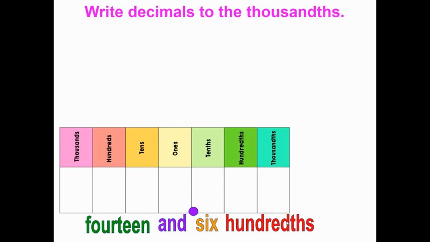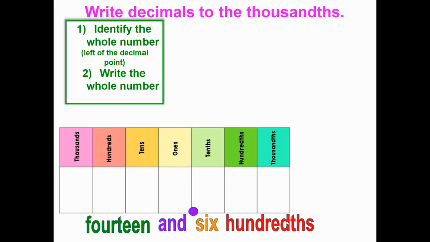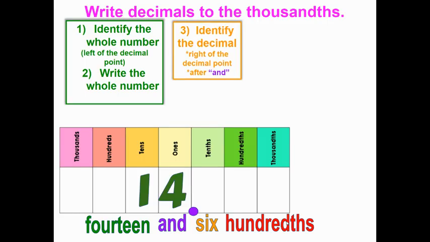14 and 6 hundredths. Identify the whole number, everything left of the decimal point, everything you say before the word and. So I'm going to write that whole number, 14. 1 ten, 4 ones. Now I'm going to write everything after the decimal point. So everything after the decimal point is 6 hundredths.